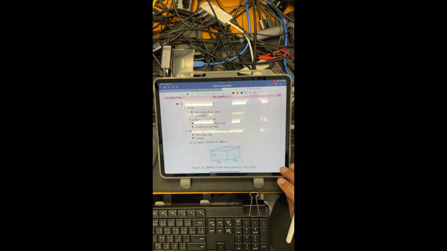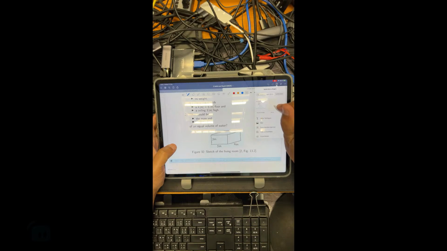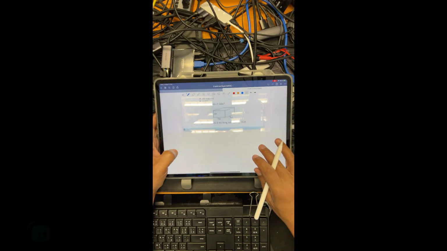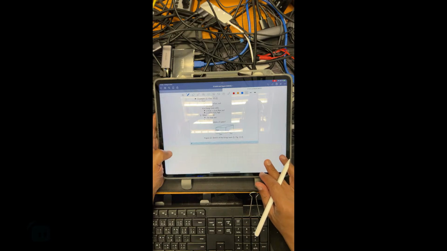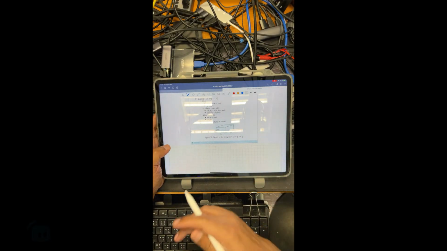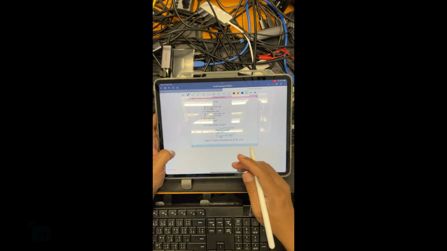Here we have the sketch of the cubic room. And let's get into the detail for the first question.